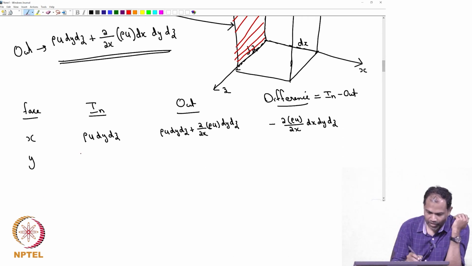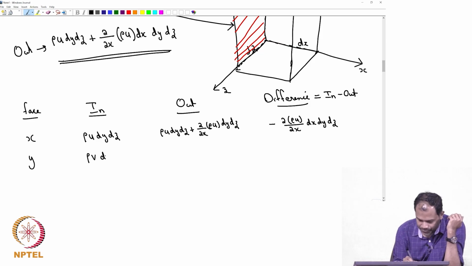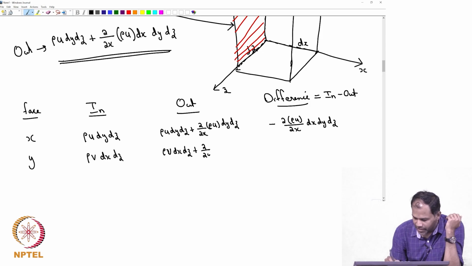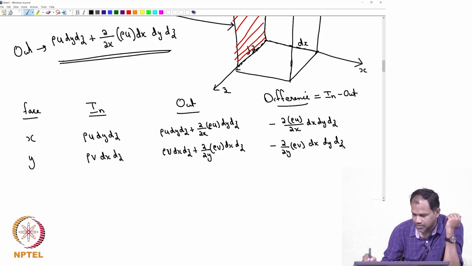So, in the y direction, the one which is going to enter is rho v times the area dx dz, and out will be rho v dx dz plus del by del y of rho v times dy times dx dz, and in minus out will be minus del by del y of rho v times dx dy dz.